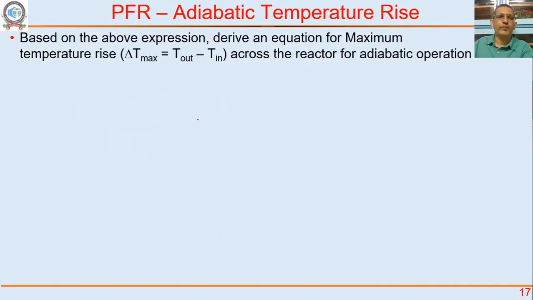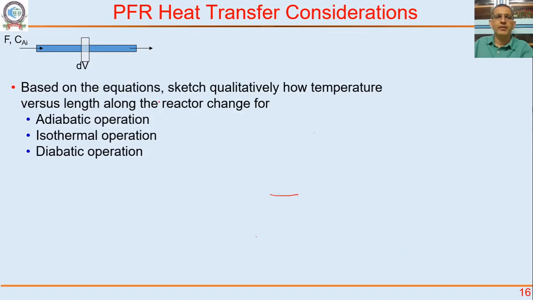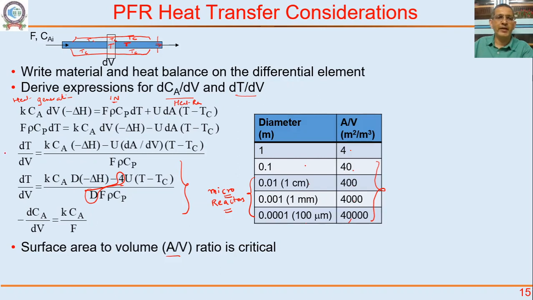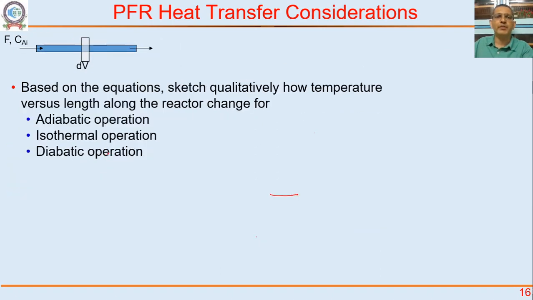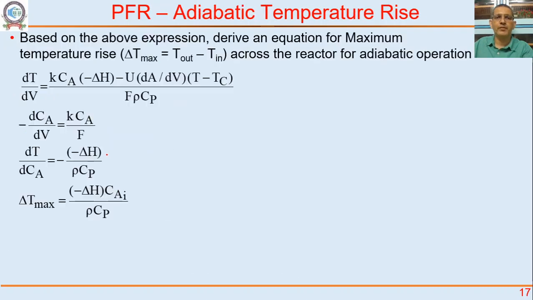So now plug flow. Based on these two, we can derive an expression for the maximum outlet temperature for an adiabatic operation, right? This is what we had seen earlier in our problem. Adiabatic means this U is 0.